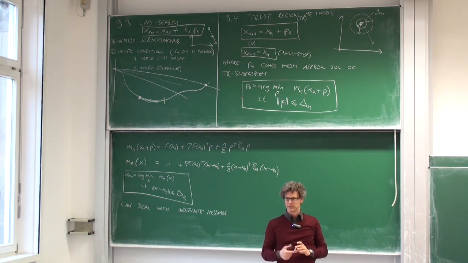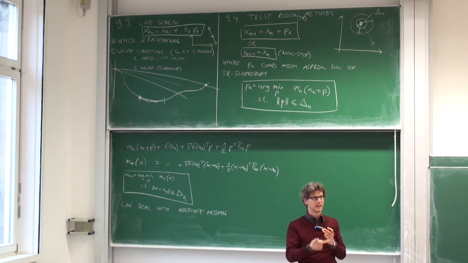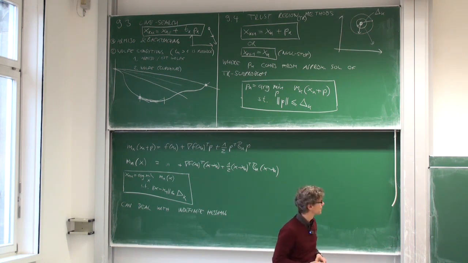So the two things we need to decide are, do we accept a step at all? And the second thing is, which trust region radius do we want in the next iteration?